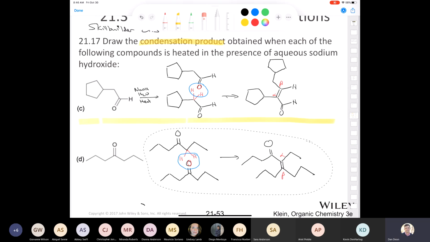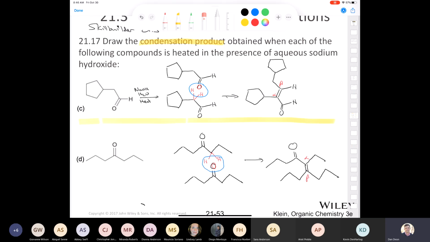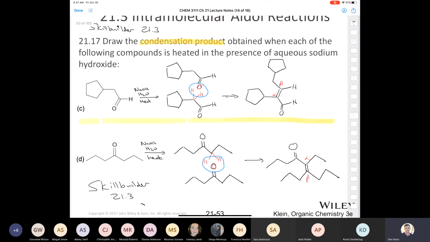And so that's the product of the aldol condensation after you treat that ketone with sodium hydroxide, which is aqueous, of course, and you heat it up. Again, the way that I recommend trying to figure these out is skill builder 21.3. Maybe you could use the skill builder kind of like training wheels, and then once you've mastered it, you can take the training wheels off. Okay, there we go.